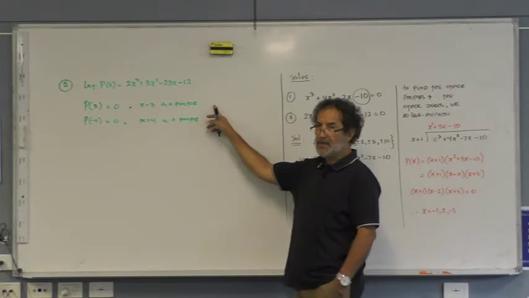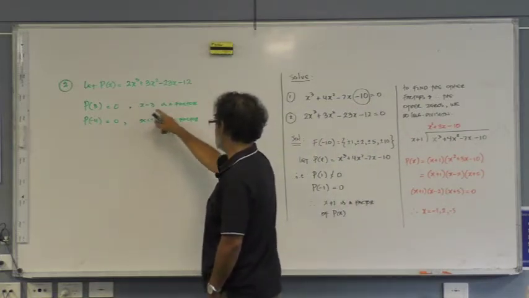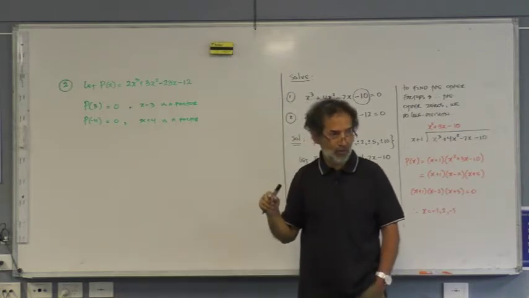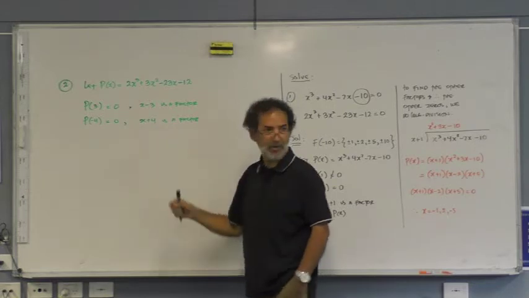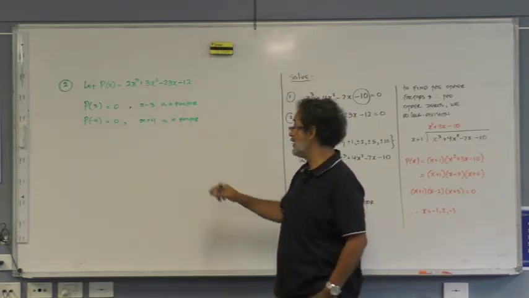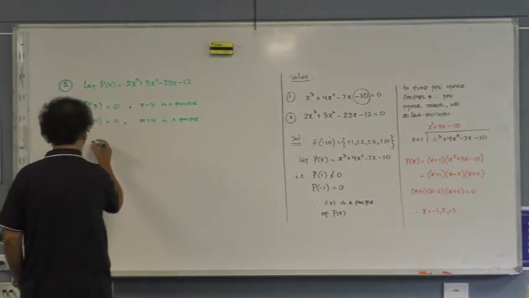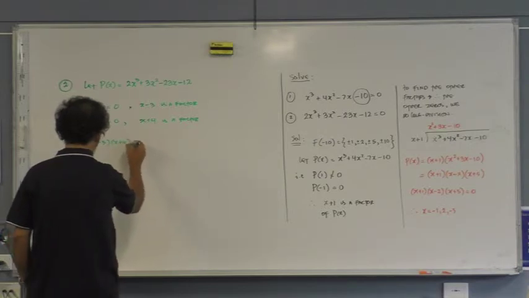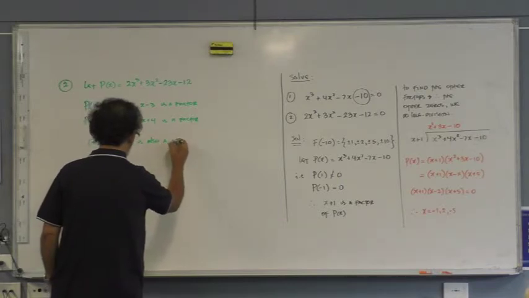So to find the other factor, we can divide this polynomial by x minus 3 and do what we did before. Or we can divide this polynomial by x plus 4, and then do the long division. Or the other option is, because this is a factor and this is another factor, then we can say that x minus 3 times x plus 4 is also a factor.